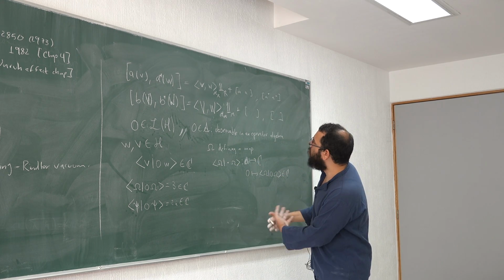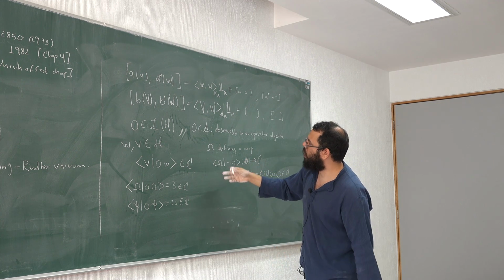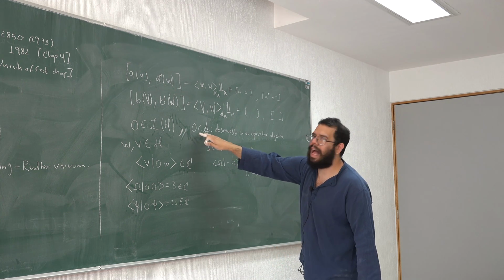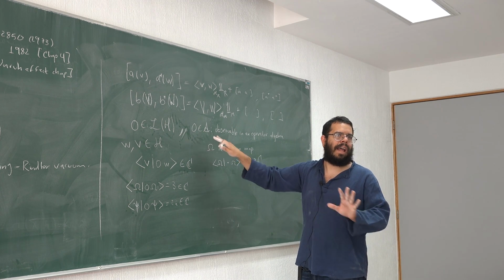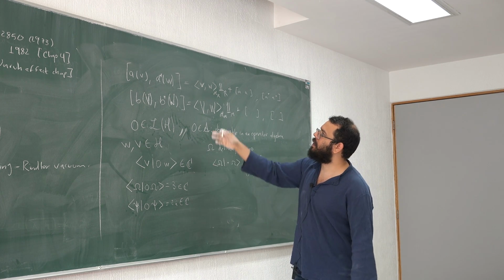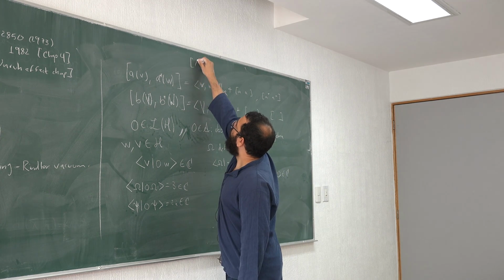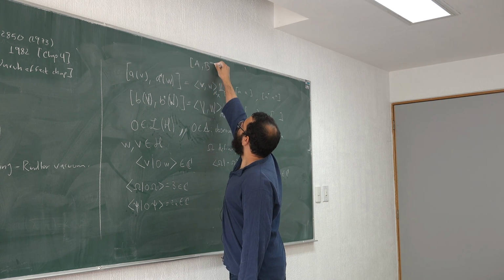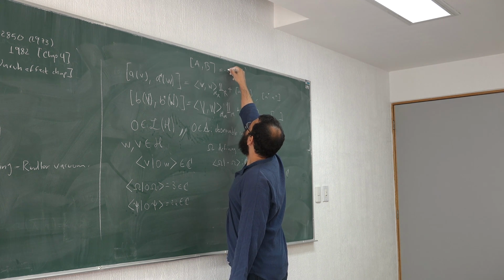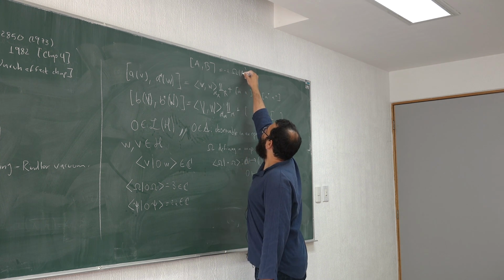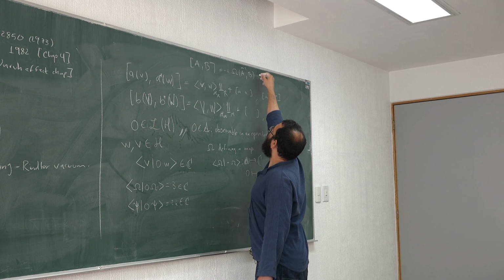But I will further abstract the notion and think that observables are just algebra elements. They are just living in an algebra that satisfies something. For example, they satisfy, for example, this.